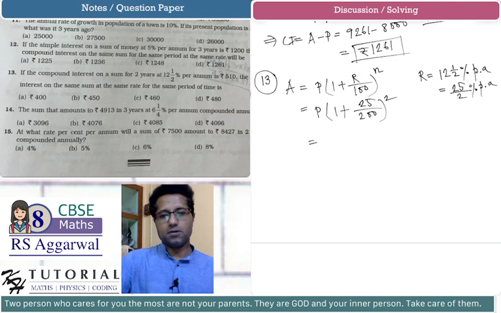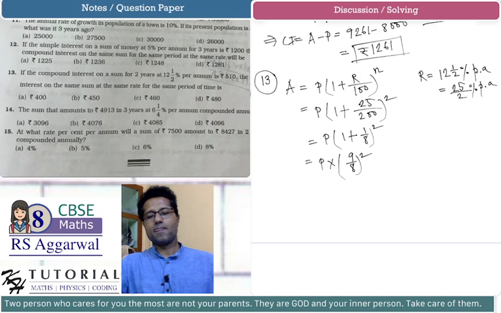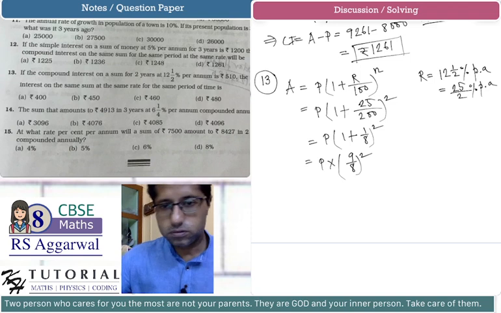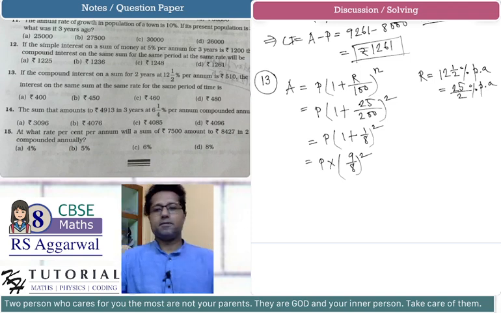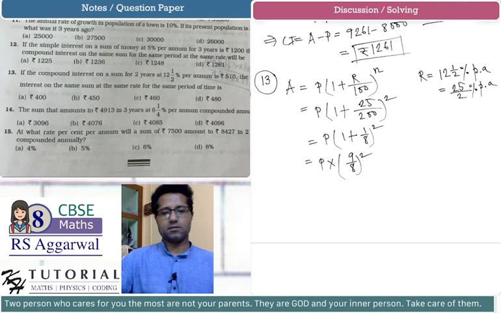So this is equal to P multiplied by (1 plus 25 by 200, which is 1 by 8) square, which is equal to P multiplied by (9 by 8) square.